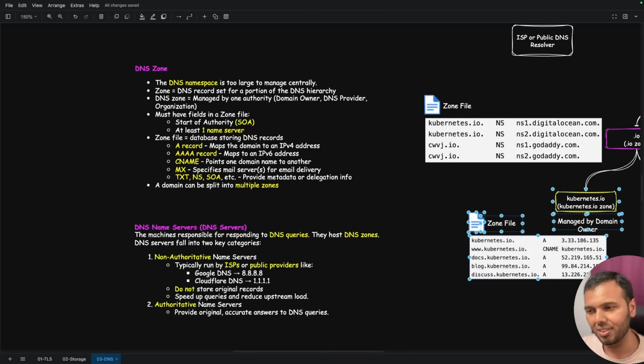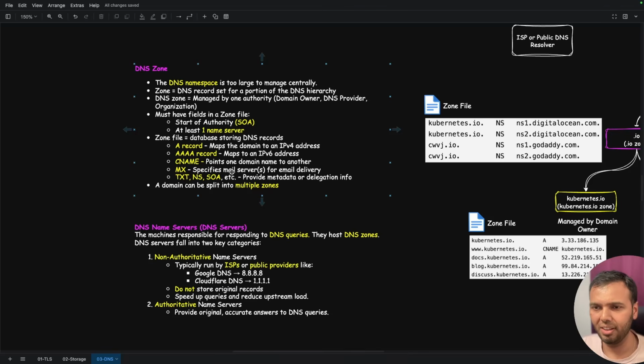On the right of the screen is something where we will try to run. We will be dissecting that diagram, but for now just concentrate on this CNAME part. So CNAME must always point to another domain name, not an IP address. That is also mentioned here. It points one domain name to another, not to an IP address.